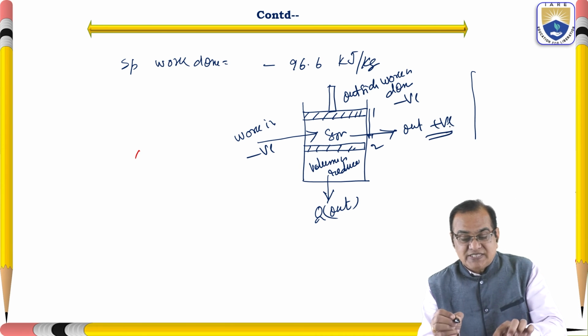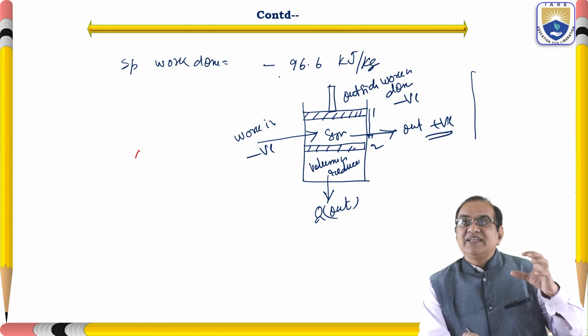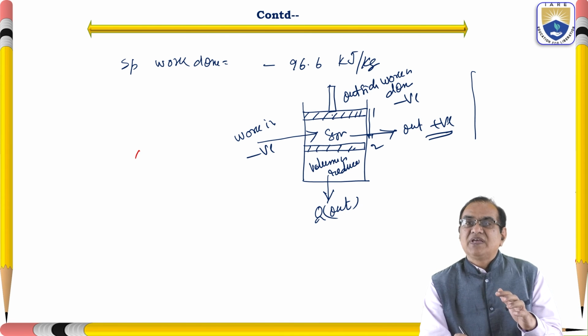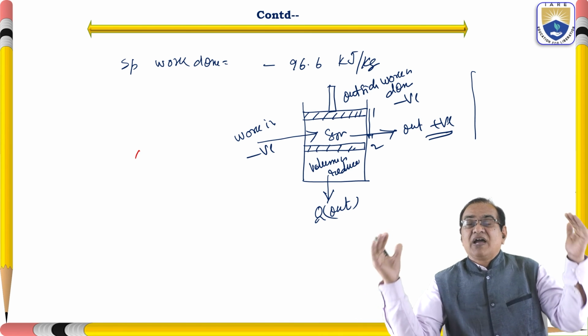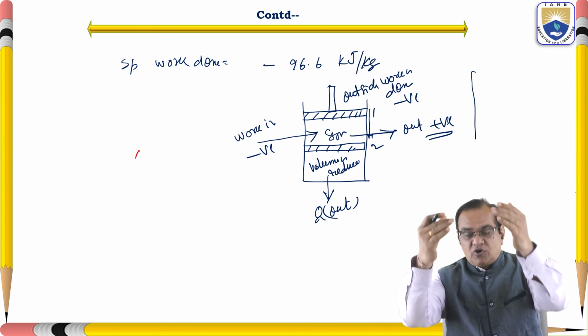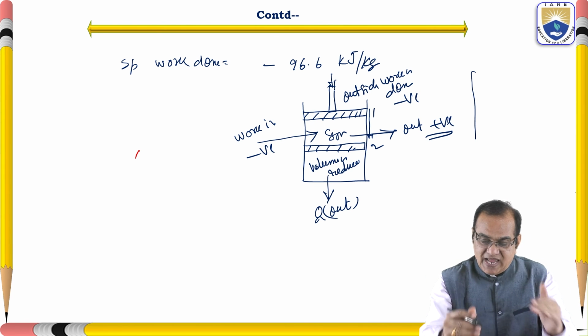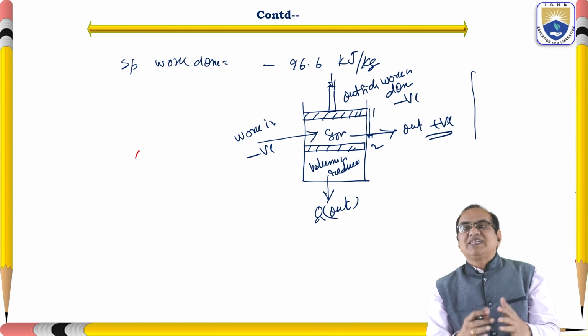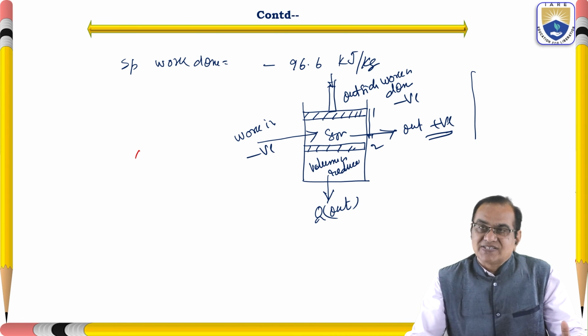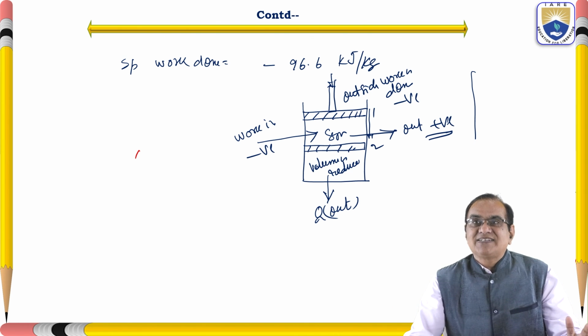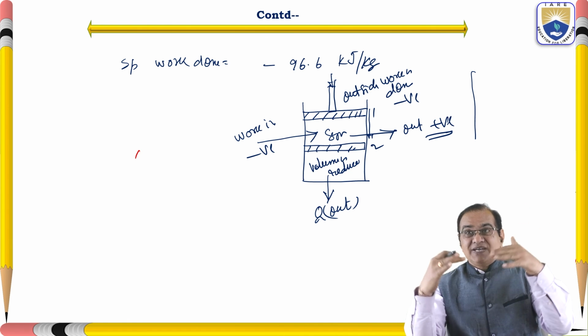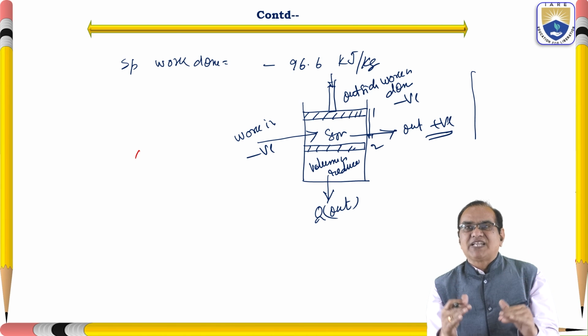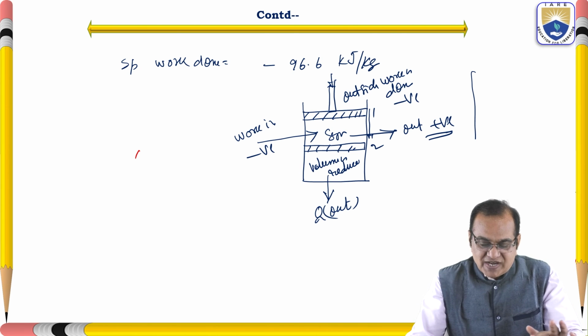So here this minus indicates that in this system, the work is coming from outside, so that it is pressing from here and slowly work is in negative direction. So that is the indication that our system is not producing the work, but it is obtaining from surrounding. Work is given from the surrounding. That is why this work is negative.